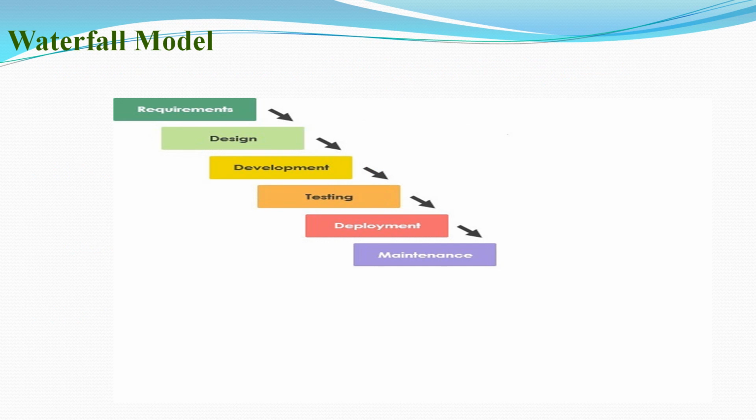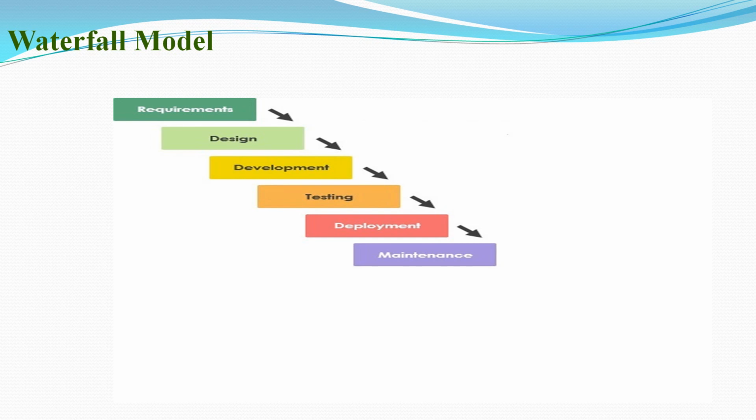First, the waterfall model is a very ancient model, that is, it is a very old model. So why is this called a waterfall model? Because this model represents the flow of water naturally from top level to bottom level, that is, from higher level to lower level.